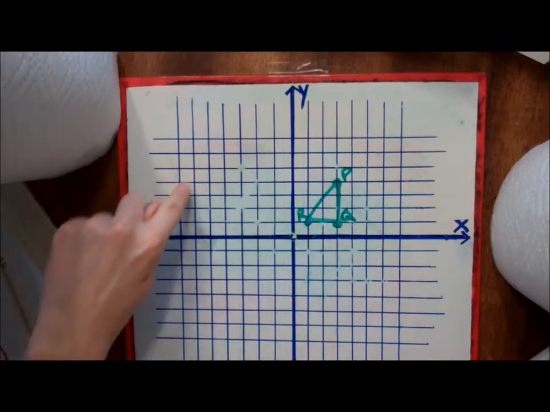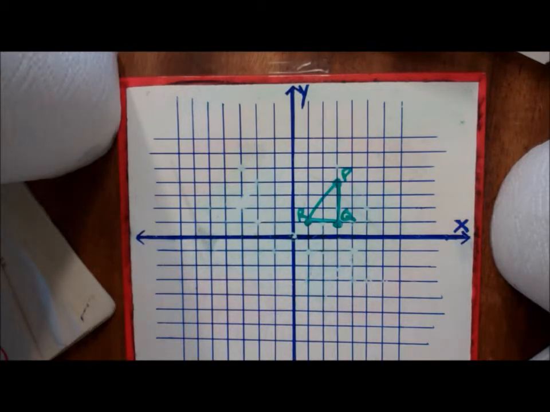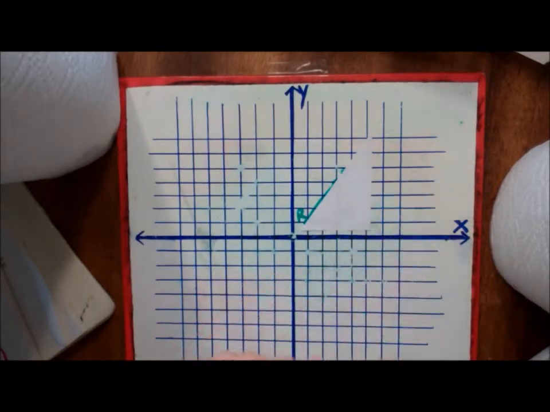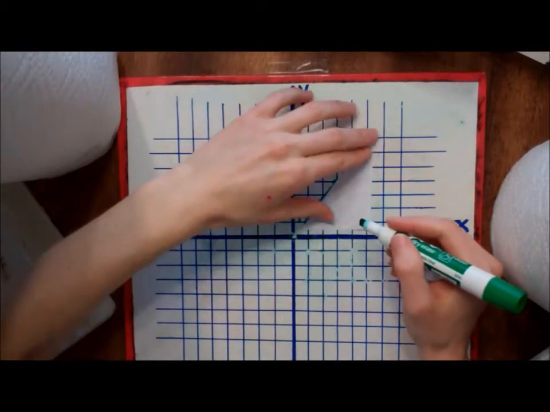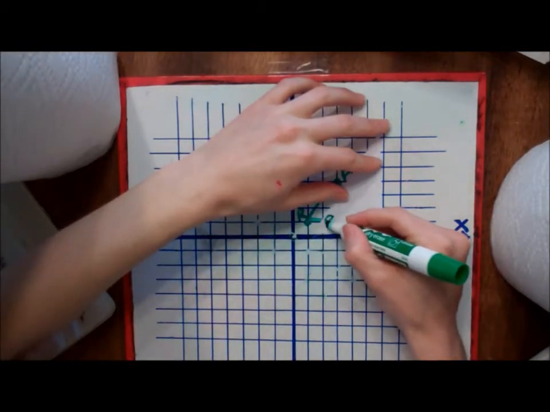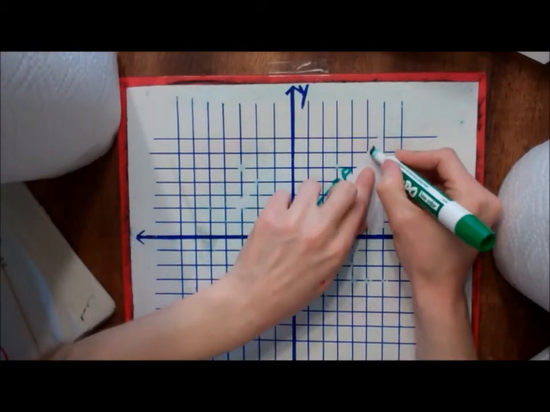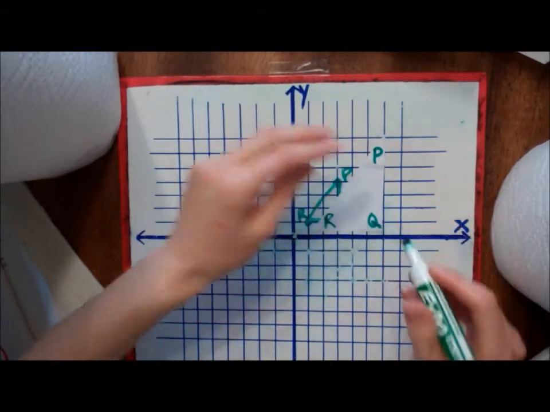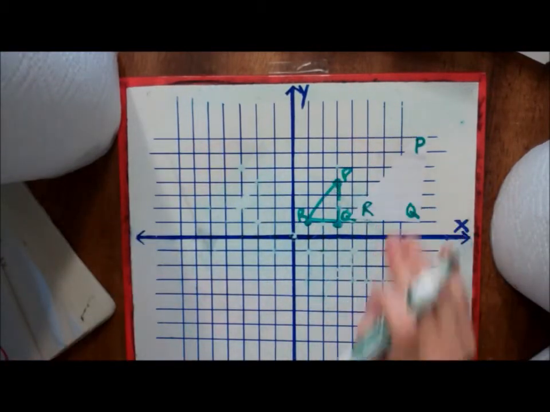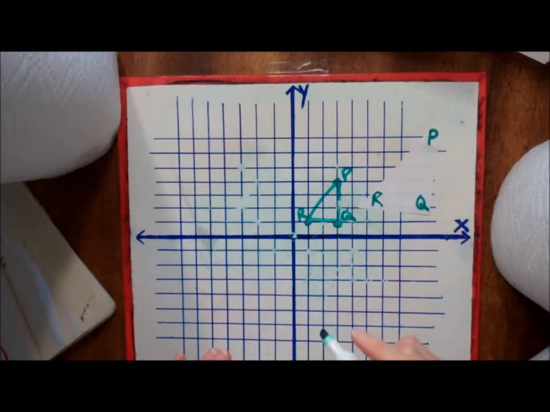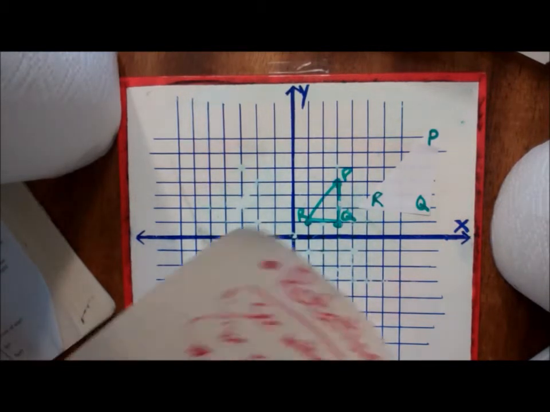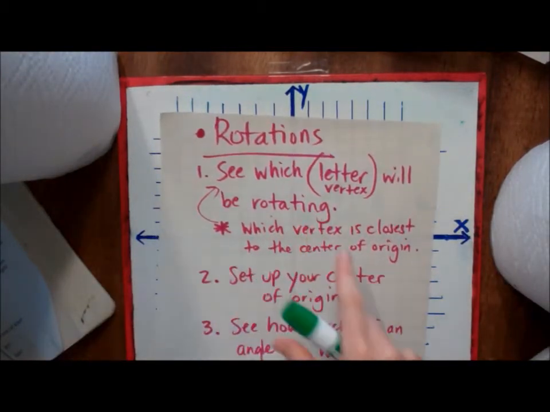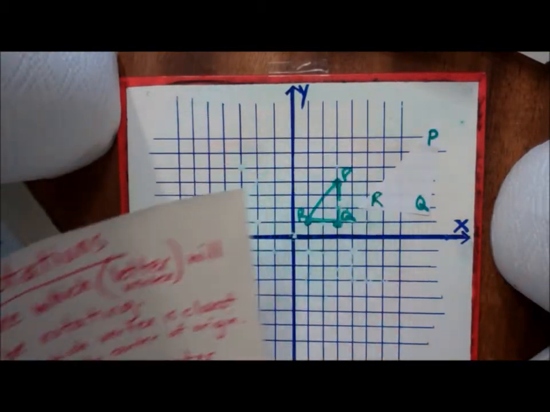Now they're wanting us to rotate this counterclockwise, which means the opposite of the clock, and they're wanting us just to rotate it 90 degrees. Now, it's always good to have an illustration, so I'm going to put R here, P here, and Q here. It makes it so much easier to do this. The very first step, if you remember, is to see which letter is closest to the center of origin.